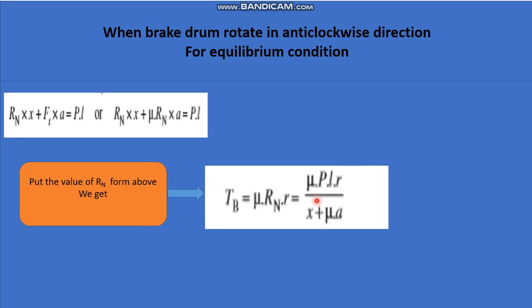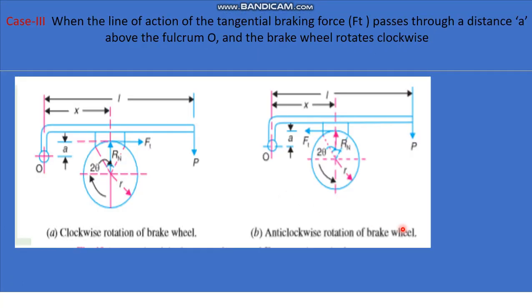Now the last one is when the drum is rotated in anti-clockwise direction. Now guys, you can see here this drum is rotated in anti-clockwise direction. Now the direction of the braking force is changed due to the rotation of the drum. You can see here when this drum rotates in clockwise direction, then Ft is in this direction, or when the drum is rotated in anti-clockwise direction, the force of friction, or you can say braking force, is in this direction.